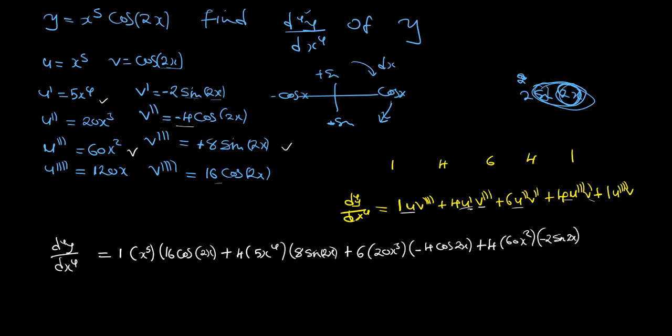Then we are done. Then plus, all right, that's 1 now, open bracket. What is u prime prime prime prime? So fourth, that's 120, right? That's 120x, open bracket. Then you give also the v now, the v normal, which is cos 2x.